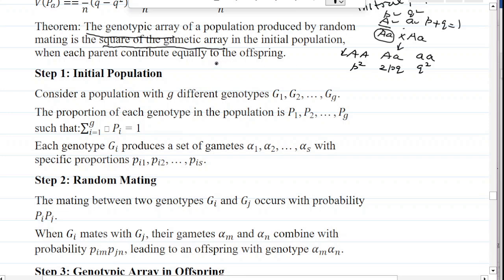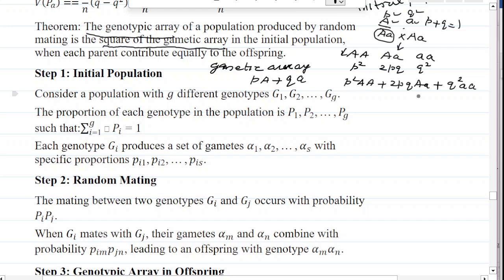So the gametic array of the initial population is pA plus qa, and the genotypic array in the next generation will be equal to p square AA plus 2pq Aa plus q square aa.